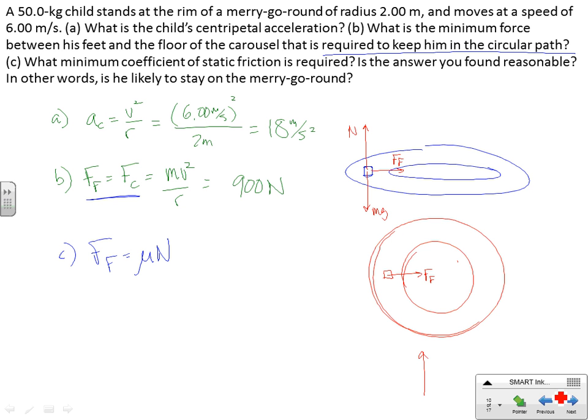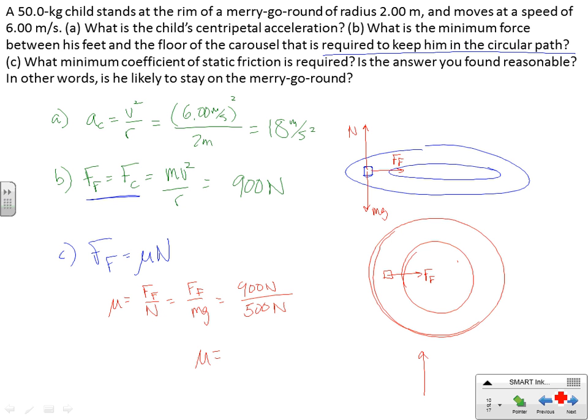You get me? Well, that means that mu is that, which is, well, this, which is 900 newtons over mg, 500 newtons, right, mg. Wait a minute.